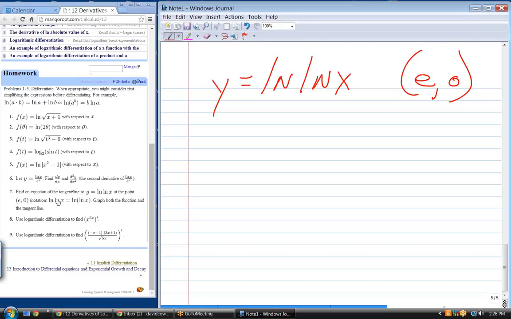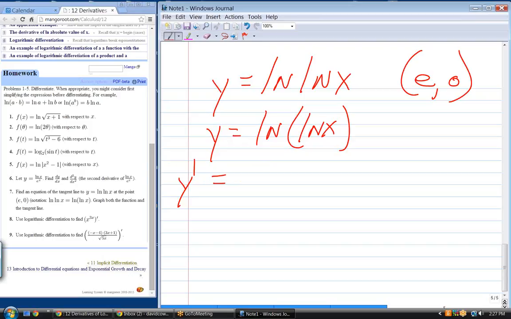In other words, what they're telling us with this note is that I can write this a little better for taking the product rule. Since the natural log of the natural log of x is equal to this, I can write it like this. Now it's going to be easier to take y prime. What's the product rule? It would be... Oh, hold on. Excuse me. Did I do that right? Yeah, I did.